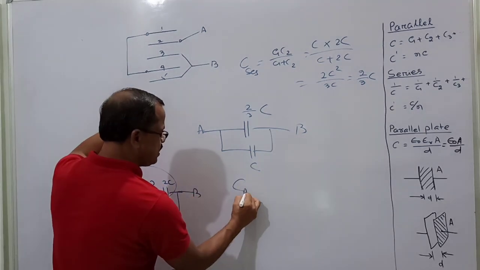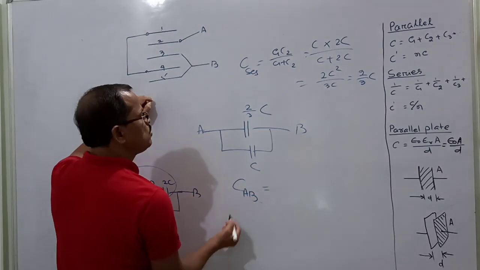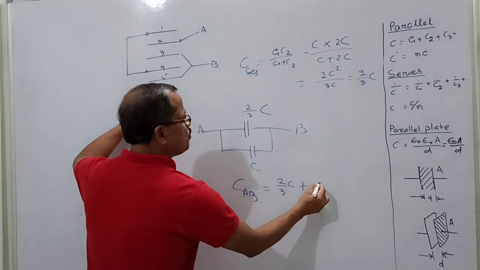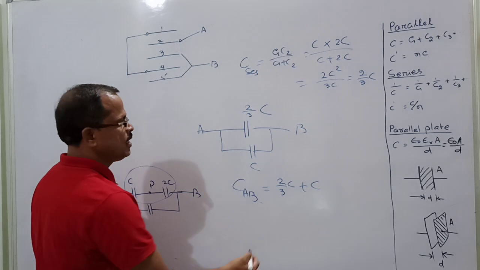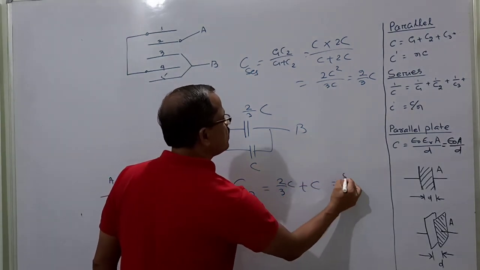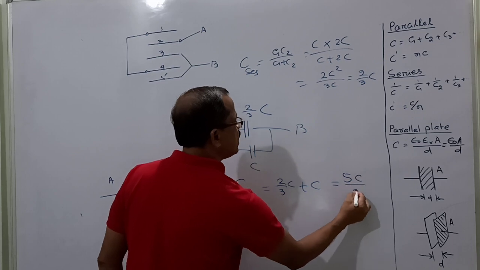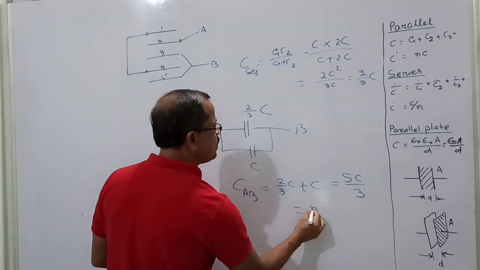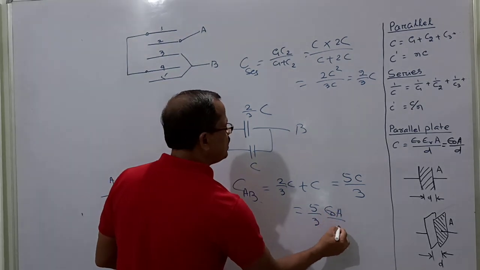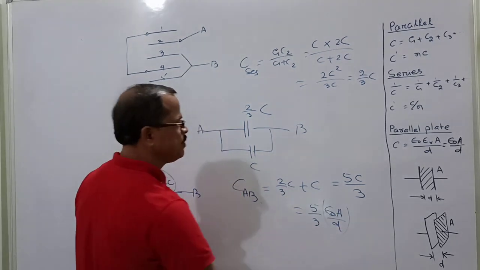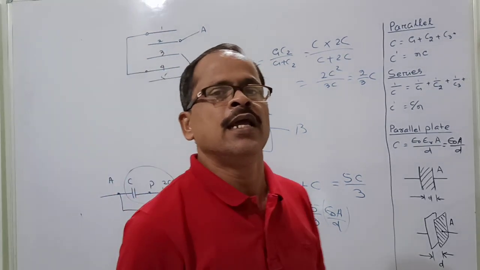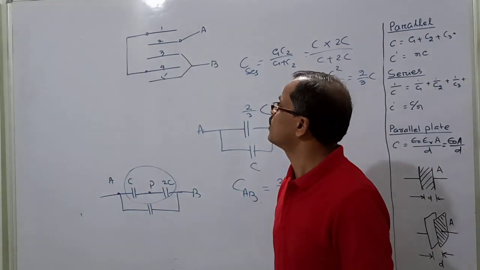So the equivalent capacitance between A and B is equal to 2C by 3 plus C. Then the net capacitance becomes 5C by 3. So that is equal to 5 by 3 epsilon 0 A by d, the net capacitance between the two capacitors. This is all about the capacitance in combination.